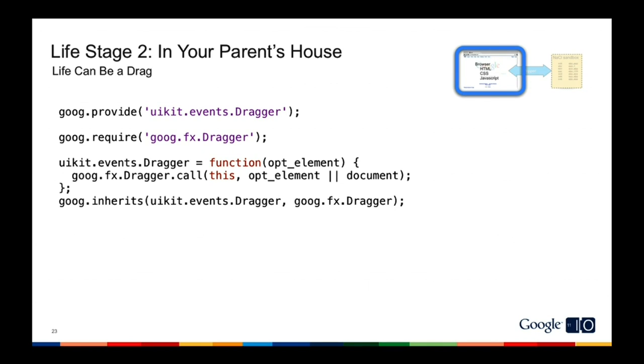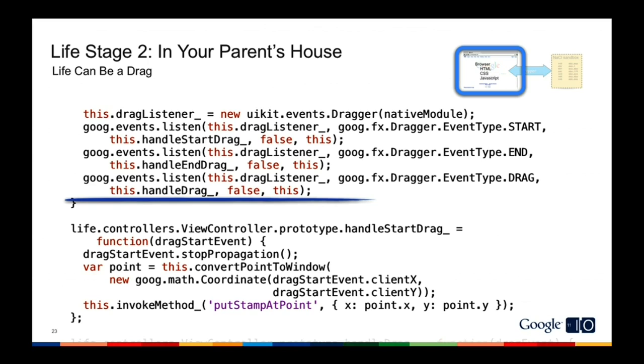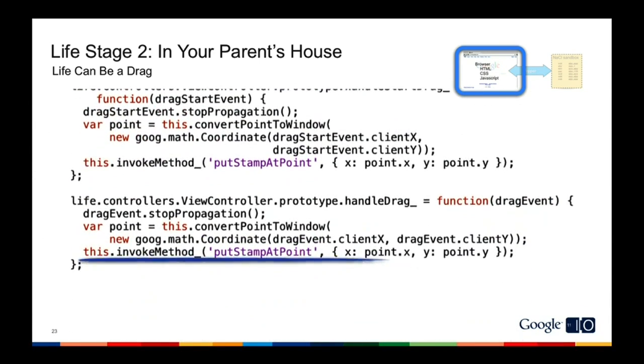Okay, so first of all, in the browser, I want to add dragger if it's simple, right? I just use goog.fx.Dragger, that's Closure, done. It does the usual thing of listening for mouse down, mouse move, mouse up, and turns them into drag events. I have in my view controller code a listener that I hook up to those events and give it handlers.